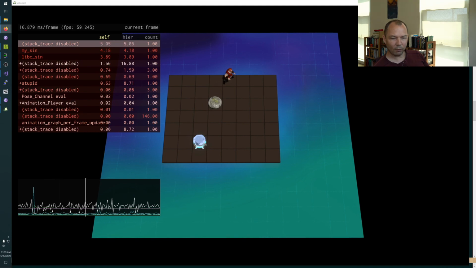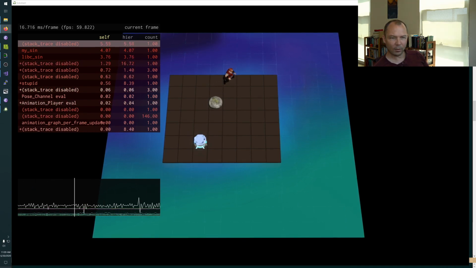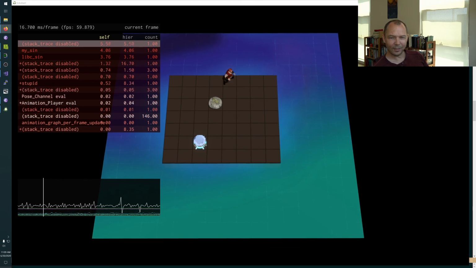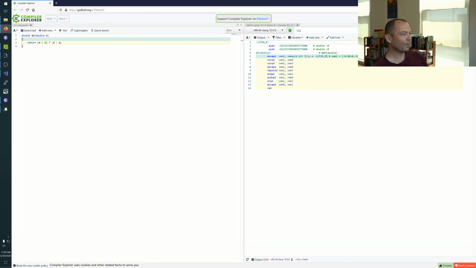this is what fabs done manually looks like in Clang. What? Wait, I mean Visual Studio.